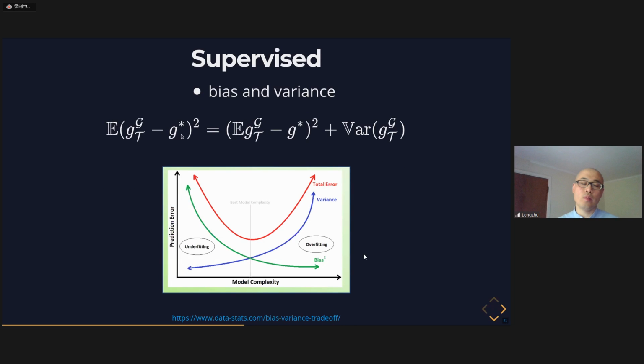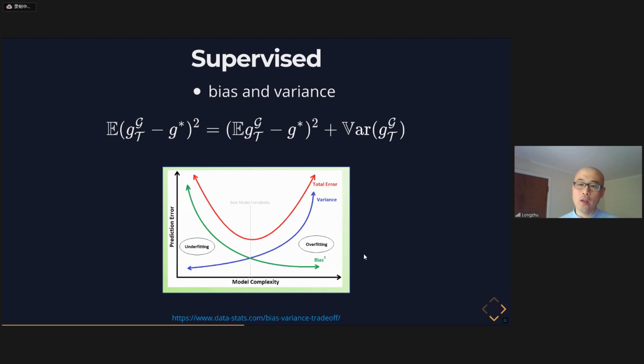This is your true function that you aim to gain. And you have a full set of data, a complete set of data available, and a complete set of functions available. You want to estimate the loss here. And this can be broken down into basically two terms. I didn't want to go into the details because there's a little bit of duration to go, but for the moment, just take it at face value here.